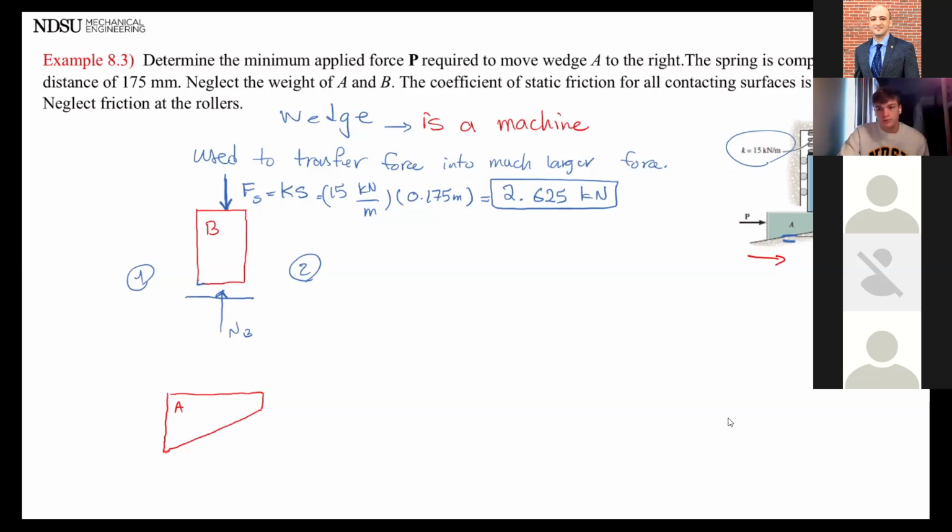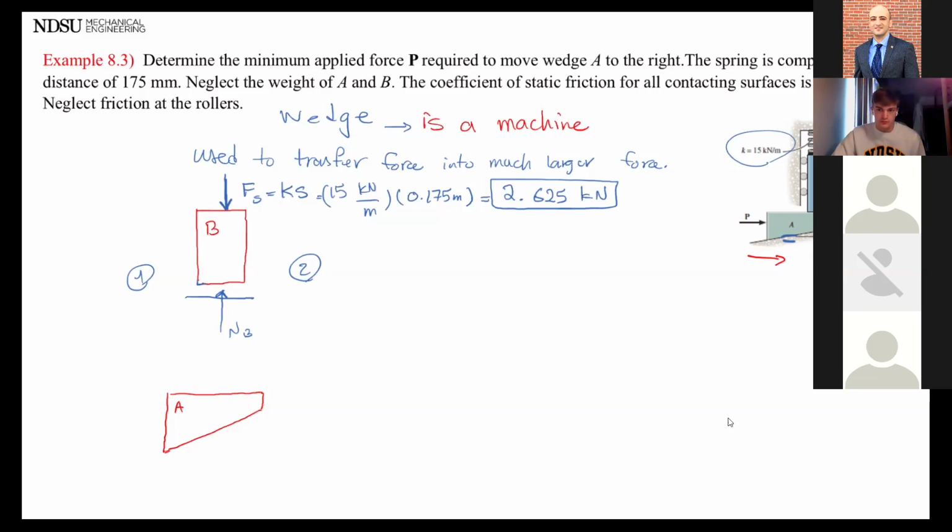See, that's the hardest decision you have to make when dealing with friction. 2. Okay. 1. What else? 2. You know, it's really difficult for me to figure out because B is going to go up and down.